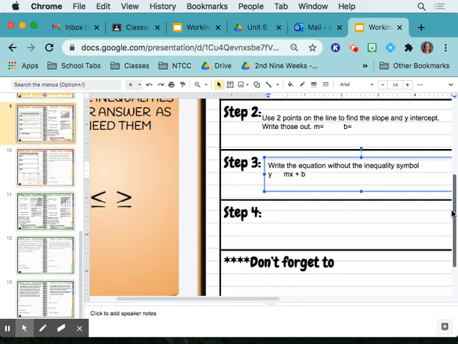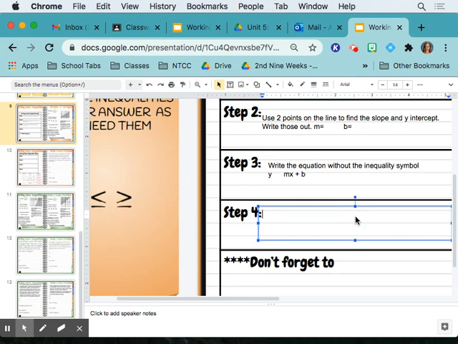It won't be an equation unless there is no shading, but we are dealing with shading, so we're dealing with an inequality. So I just go ahead and write y and then mx plus b. Then I'm going to fill in the inequality symbol depending on shading above or below.